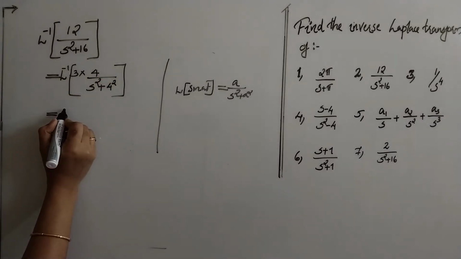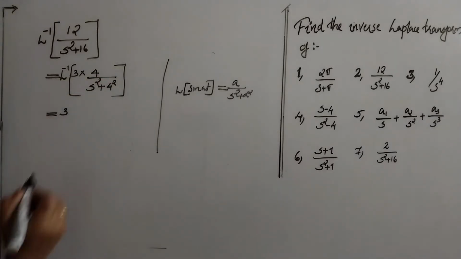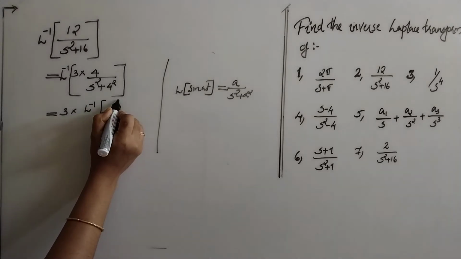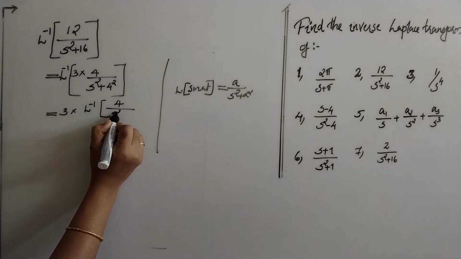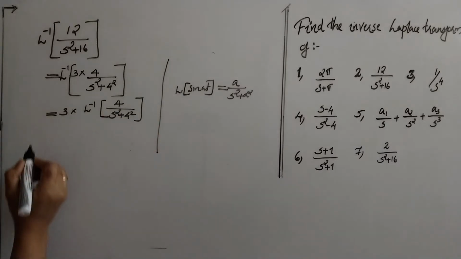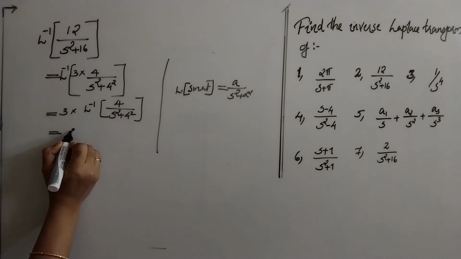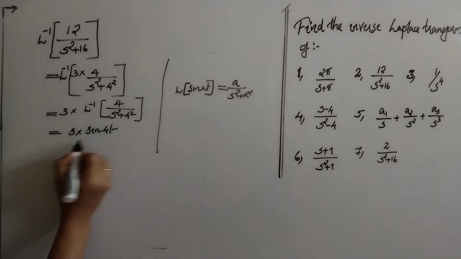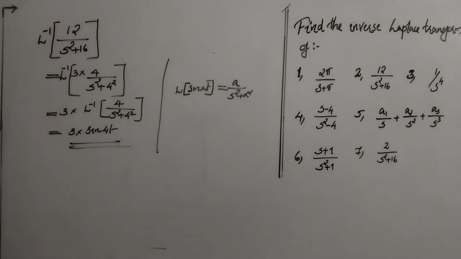By linearity theorem we can take 3 outside, 3 into L inverse of 4 divided by s square plus 4 square. That is a divided by s square plus a square form. That is 3 into sine 4t. So the answer is 3 into sine 4t.